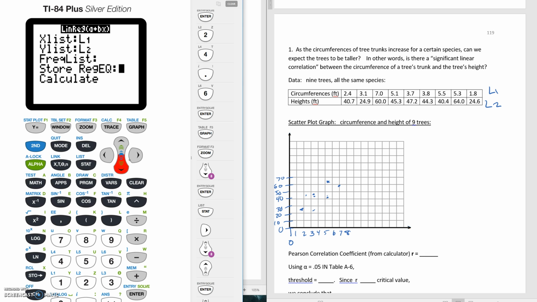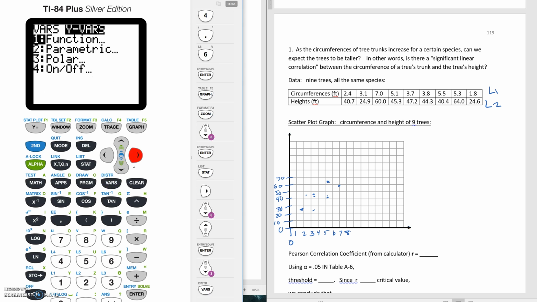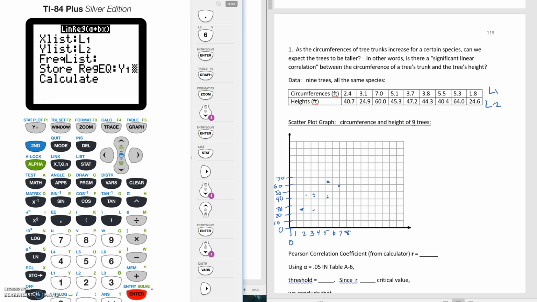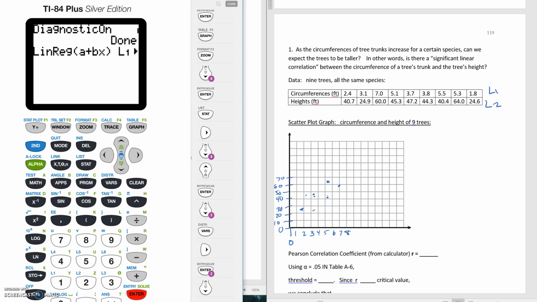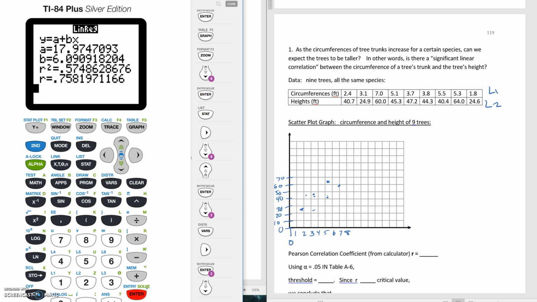So if you go vars, yvars, choose function, choose Y1, that'll put the regression equation into our Y equals for us and hit calculate. Okay, and here you'll see this menu, and here we have our R. So we're going to round just to 2 or 3 decimal places. So here we'd have 0.758.